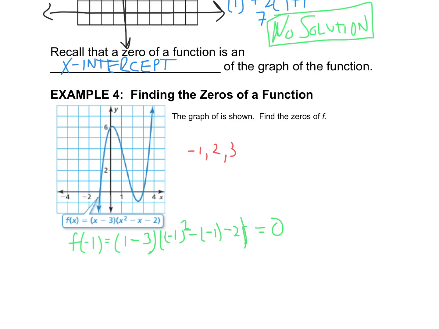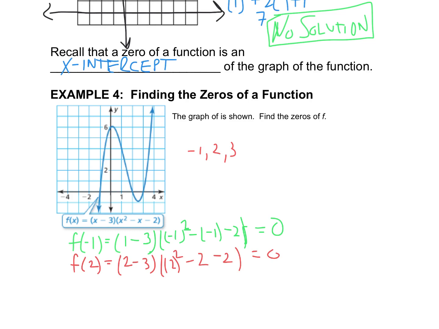If I look at the second one, if f of 2 is what I think is an answer, I would then say 2 minus 3, and 2 squared minus 2 minus 2. But again, 2 squared is 4, minus 2 is 2, minus 2 is 0, so the zero product property kicks in, and it doesn't matter what that first grouping was, that one checks.